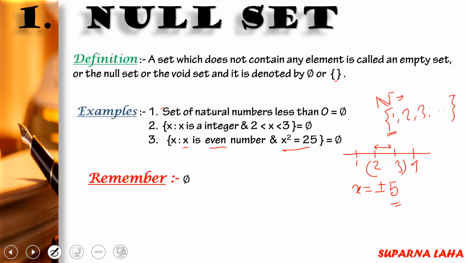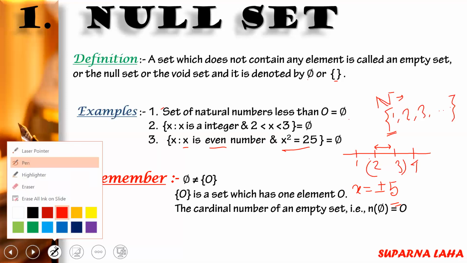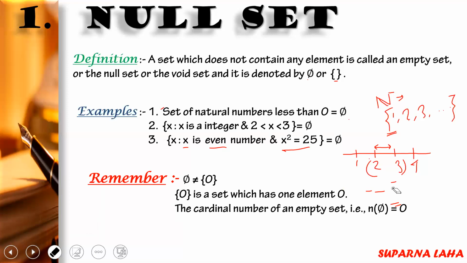Next, phi is not equal to {0}. {0} is a set which has the element 0, and the cardinal number of the empty set is equal to 0. Now one thing you should remember, you always make this mistake. Remember this one, phi is not equal to the curly bracket with 0 inside. 0 does not mean nothing.